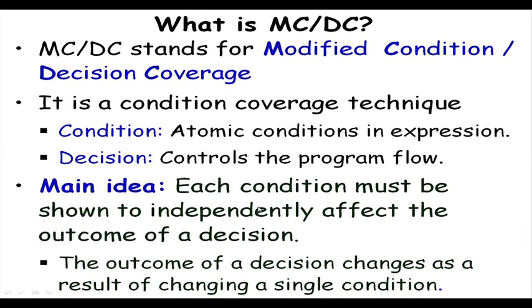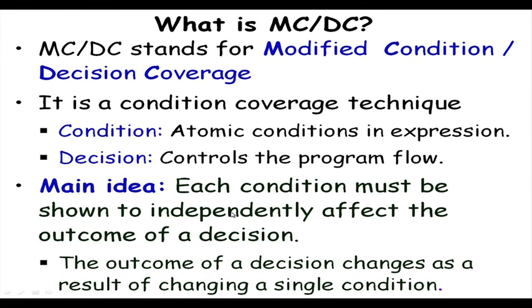Here the main idea is that every atomic condition will be set to true and false values, and we have to ensure that when this is set to true and false values, the other atomic conditions are held at some constant value, and this atomic condition will determine the result of the compound condition or the decision.